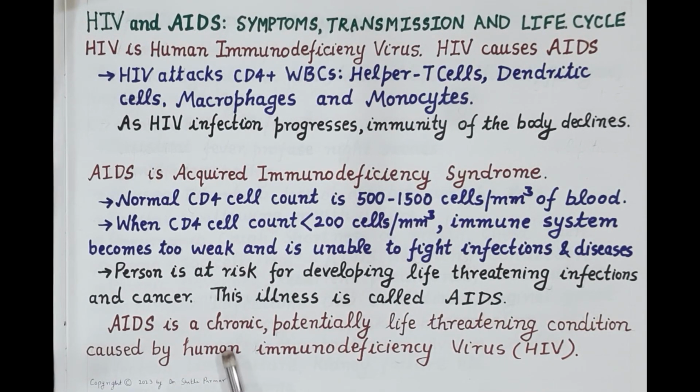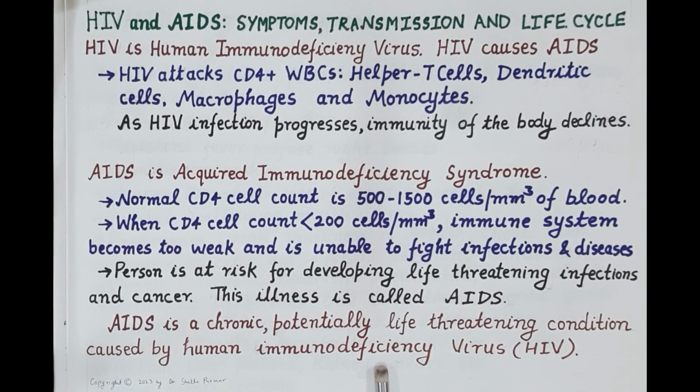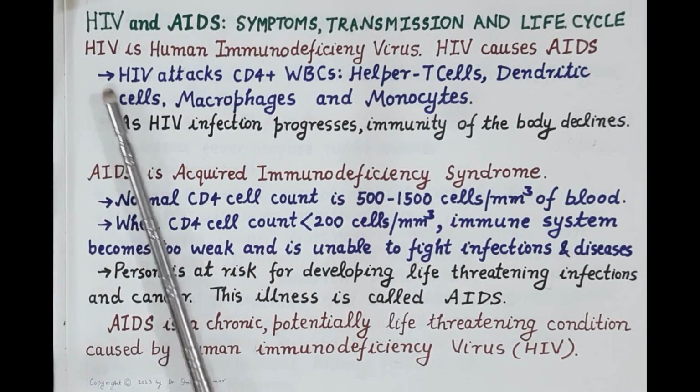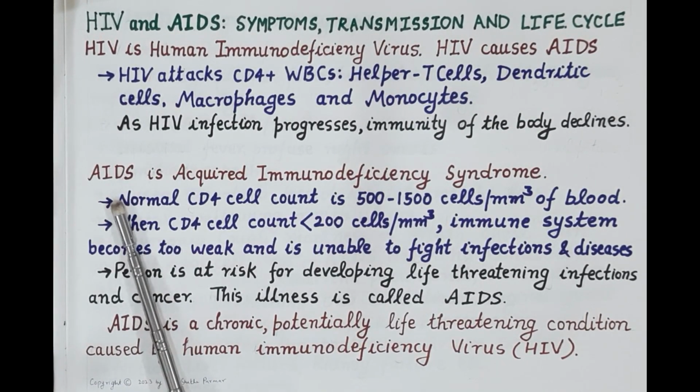So, AIDS is a chronic, potentially life-threatening condition caused by human immunodeficiency virus. Now I think the difference between HIV and AIDS is clear. HIV is the virus and AIDS is the illness that is caused by the HIV.